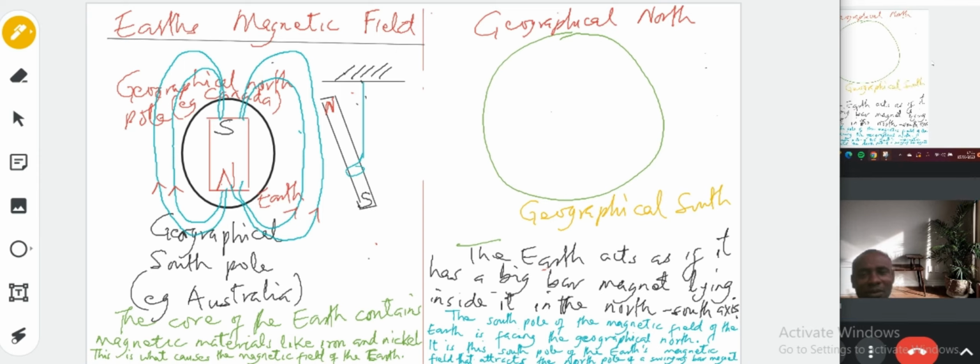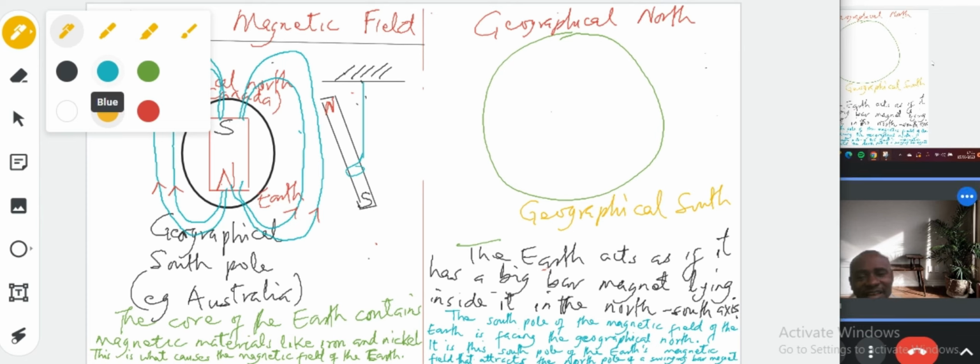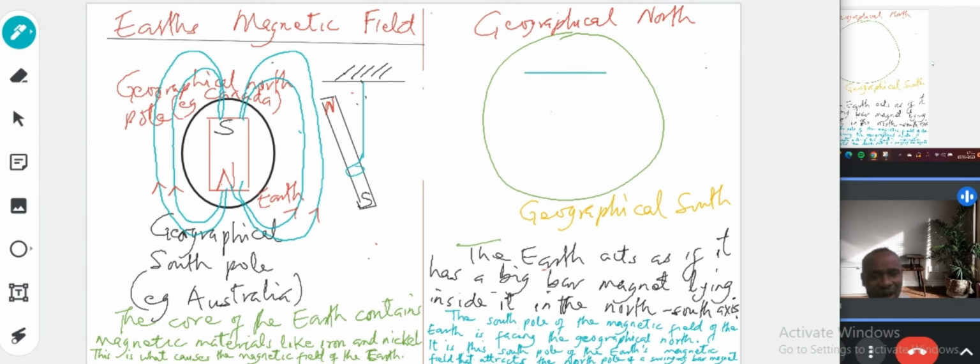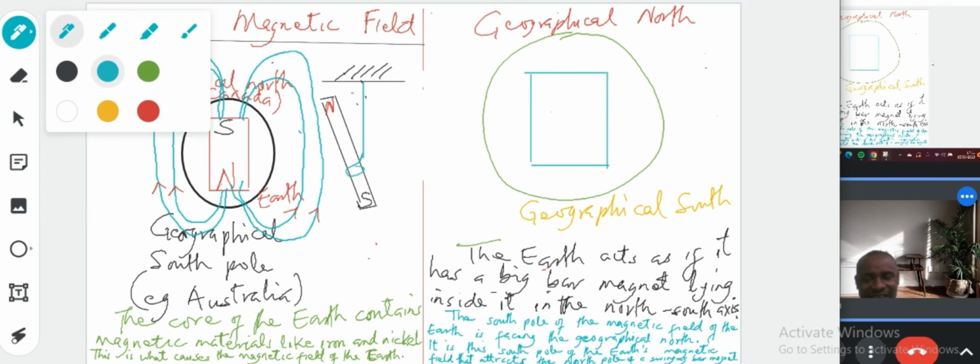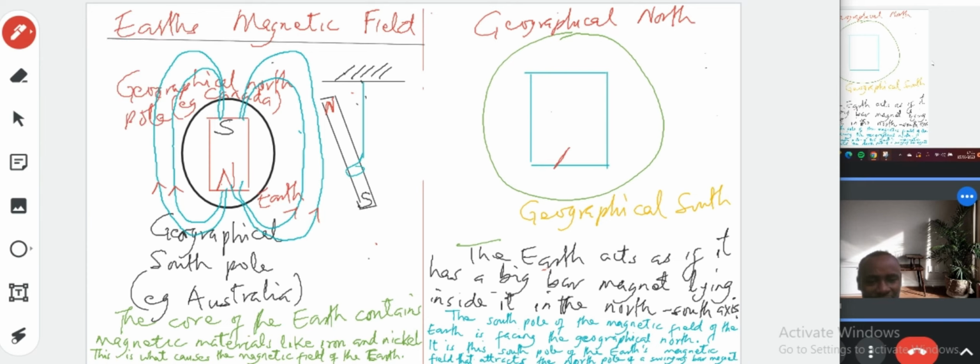I said the Earth behaves as if it has a large bar magnet in its center. This is the bar magnet in the center of the Earth. It has its north pole here, and its south pole here.